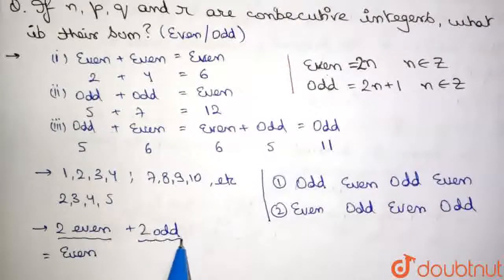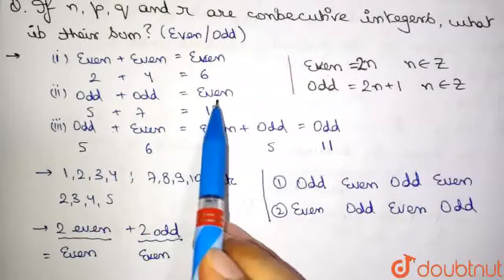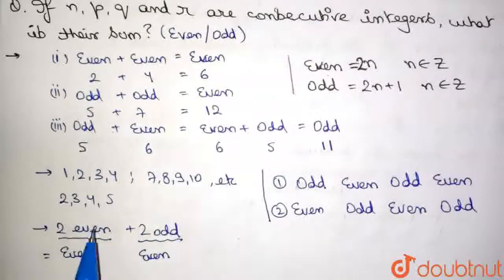Similarly, if these two odd numbers are added up, they will result in an even number. Two even give rise to even, and this is very important, two odd numbers also give rise to an even number. And if we add both of them, it's again even plus even, so it is also going to be even.